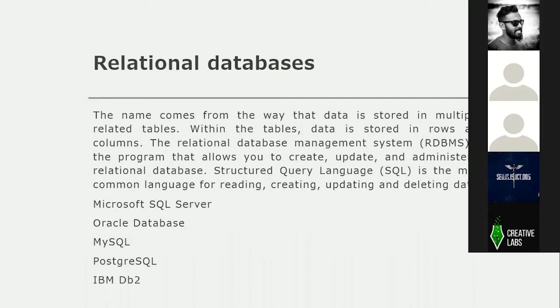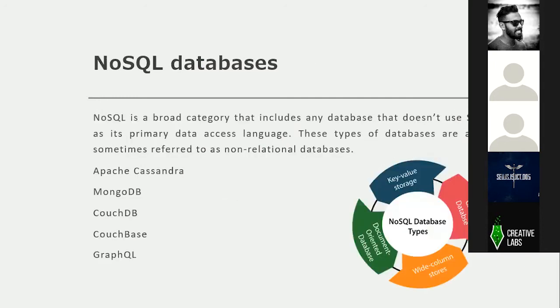The very famous relational databases are MySQL Server, Microsoft SQL Server, Oracle databases, PostgreSQL and IBM DB2. There are so many relational databases, and also NoSQL databases. These are becoming huge these days because of big data, artificial intelligence, and those kinds of things.